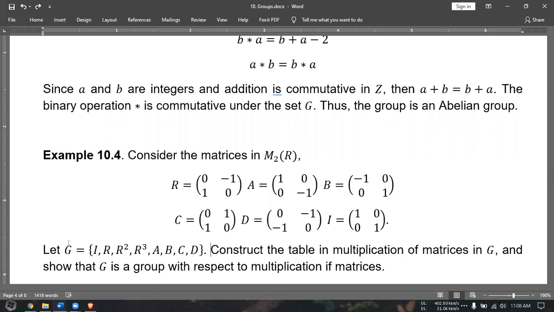To start with, let's define. Recall how we multiply a 2 by 2 matrix by another 2 by 2 matrix.